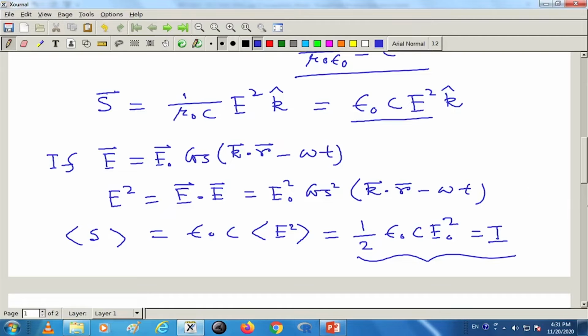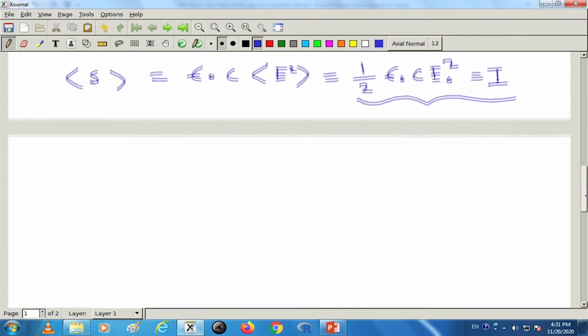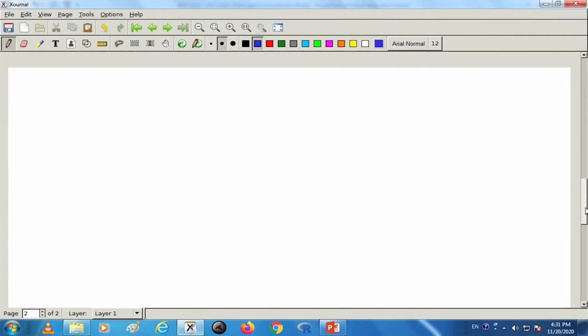Well, in the next part, we are going to find out Maxwell's equations in a dielectric medium.